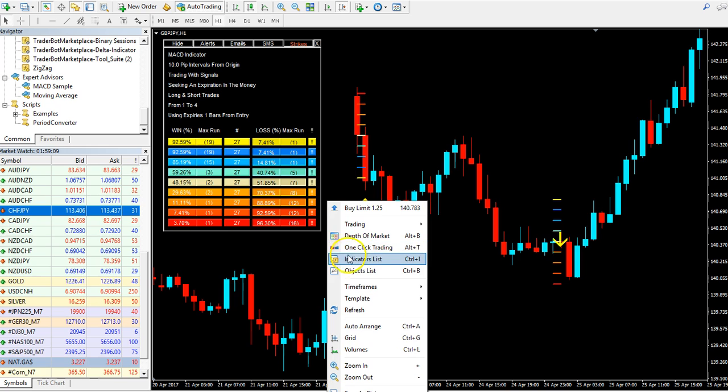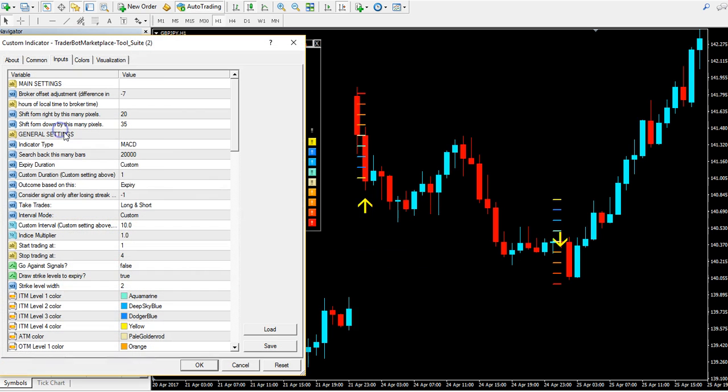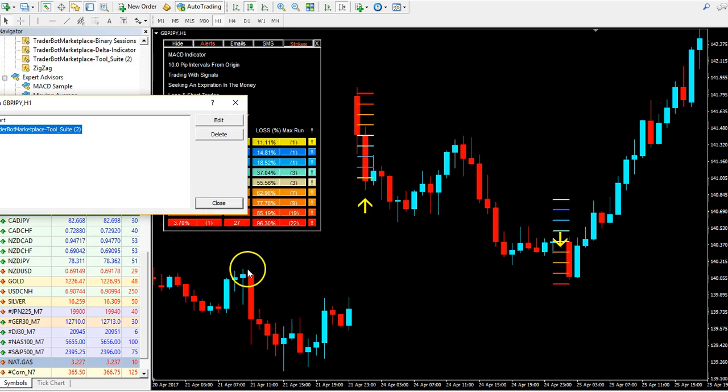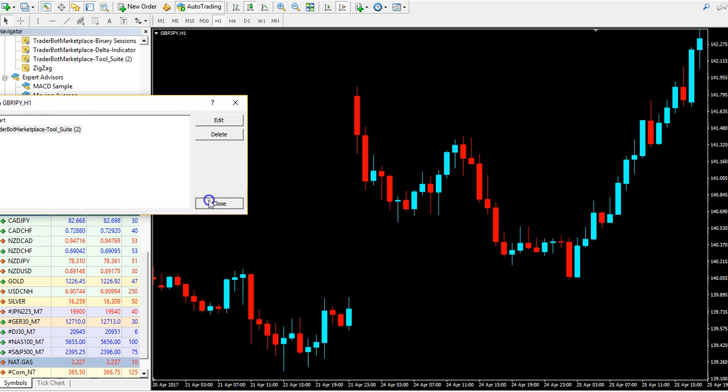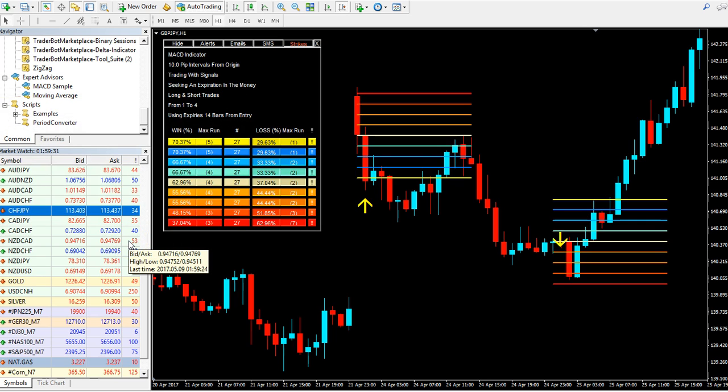Now, if we wanted to look at a 2-hour expiry, we can do it by clicking on 2-hour, or just going to custom and putting a number 2 in there for a 2-bar expiry. If I wanted to look at a 14-bar expiry, I can do that.